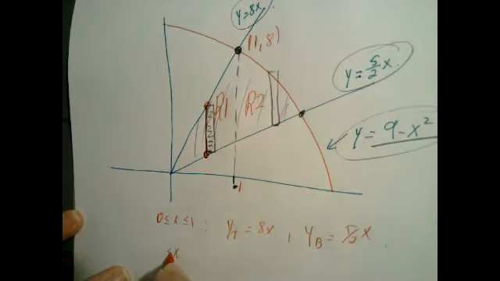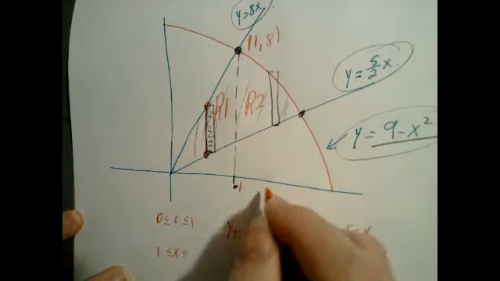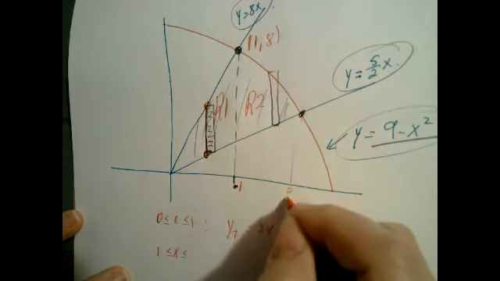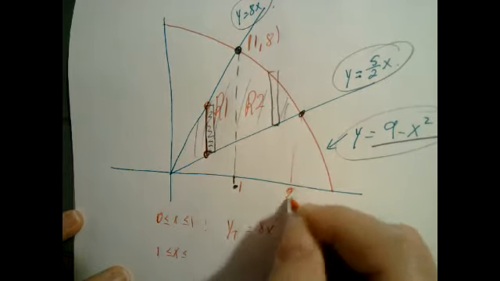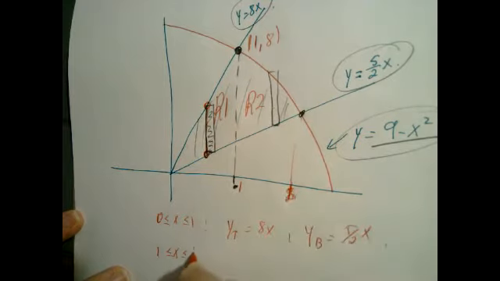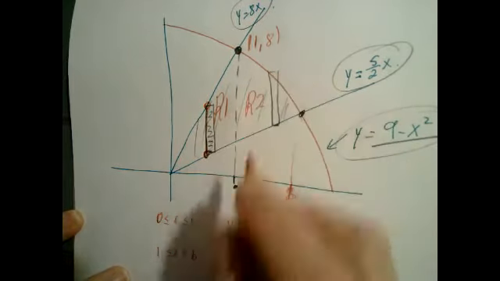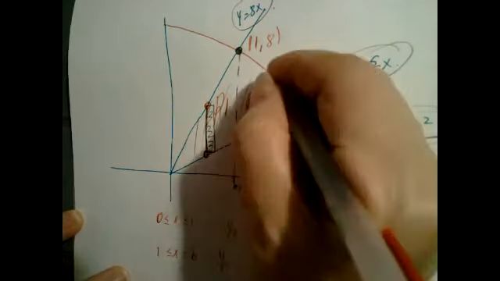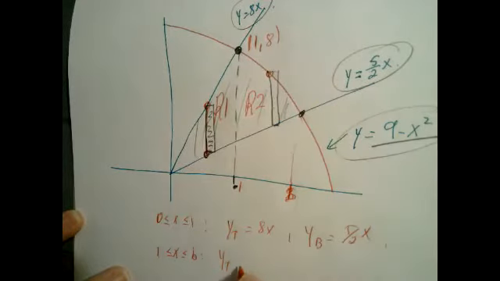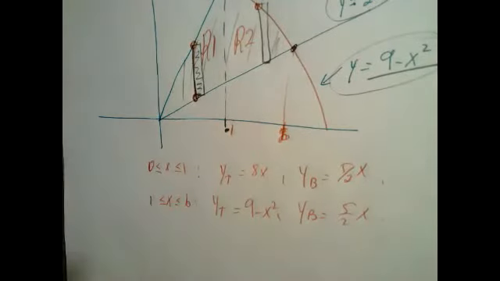And then for x between 1 and whatever you find here, let me call it b, because it's up to you to do it, my top curve is this one. It's going to be 9 minus x squared, and my bottom curve is going to be 5/2 x. So keep this in mind. You set up 2 integrals and then you add. Questions?